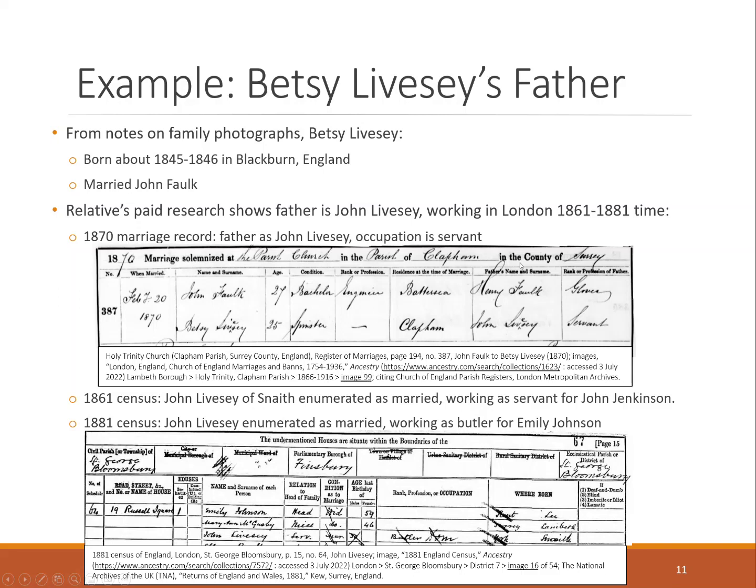And by the way, this Clapham of Surrey, the county of Surrey, is adjacent to London, or part of the London area. And John Livesey was working for John Jenkinson in 1861, married. And in 1881, John Livesey is enumerated as married, working as butler for Emily Johnson. And this was not uncommon, that the enumerations had servants at the residences of the head of household, and they were enumerated there.